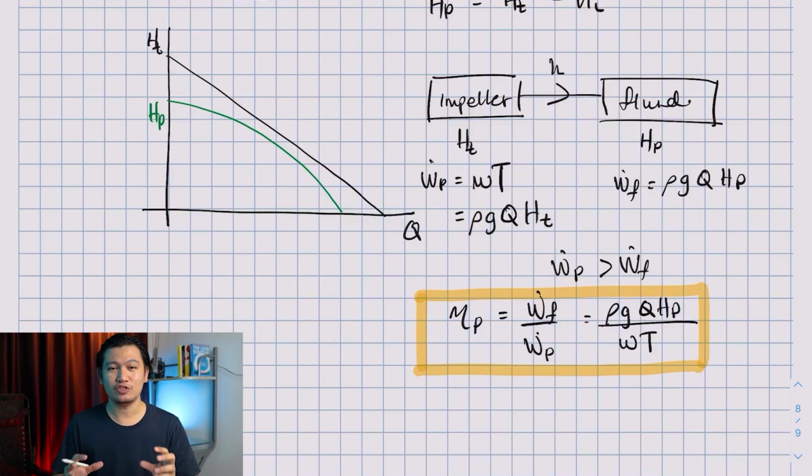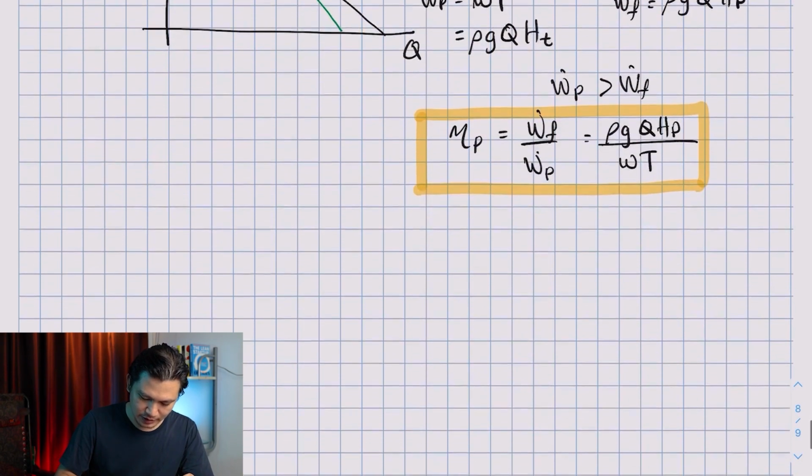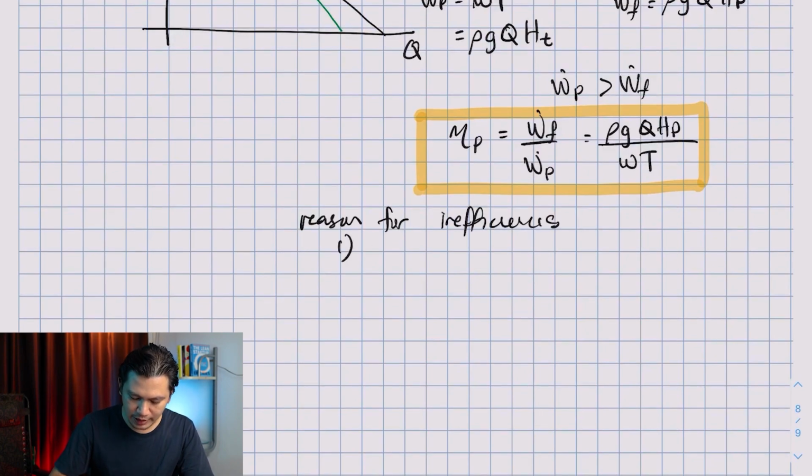There are a few reasons why losses occur inside the impeller. So let me write it here. This is the reason for inefficiencies. Number one, it could be that you have the pre-rotation at the inlet of the impeller.